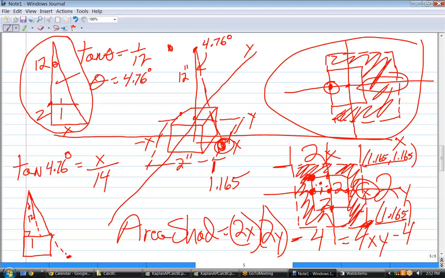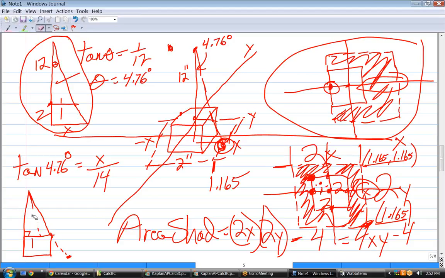Because, well, it's because this is a right angle, and the tangent of that angle is, no, it isn't that same angle. The sine of that angle is 1/12. So it's the inverse sine. That's not the angle we want anyway.